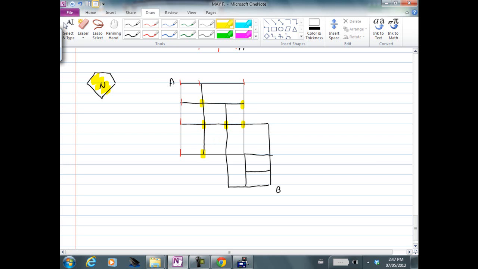All these are my bottom right corners, which means I have to add to get those corners. So this is going to be 2, 3, 4. This is 3.